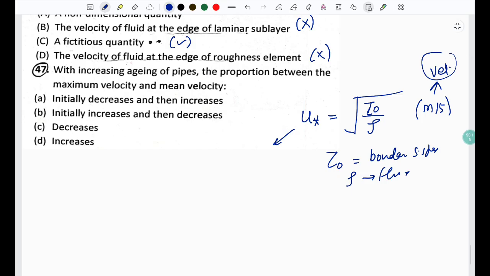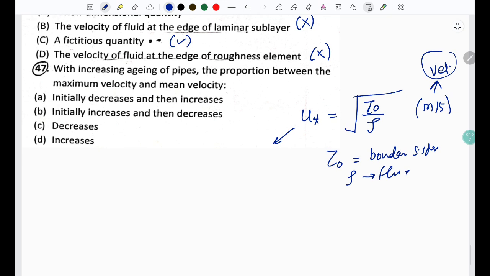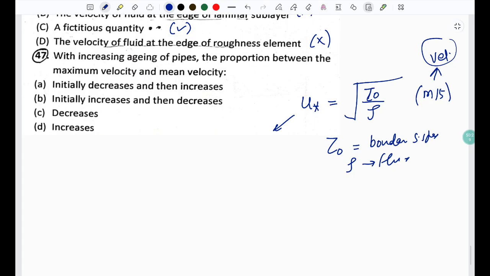fictitious quantity. Then next concept is, with increasing aging of pipes, how does the proportion between the maximum velocity and the mean velocity change? So there is this relation: U max by U bar is equal to 1 plus 1.33 root under f.